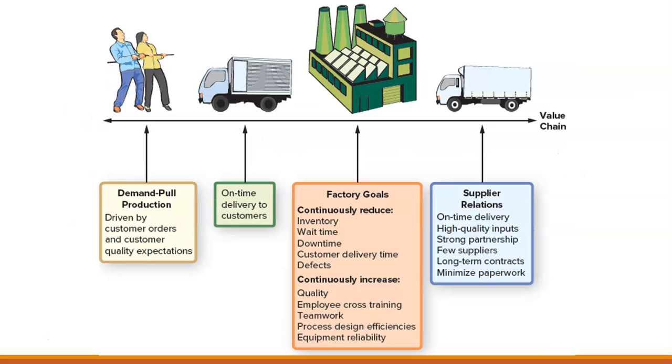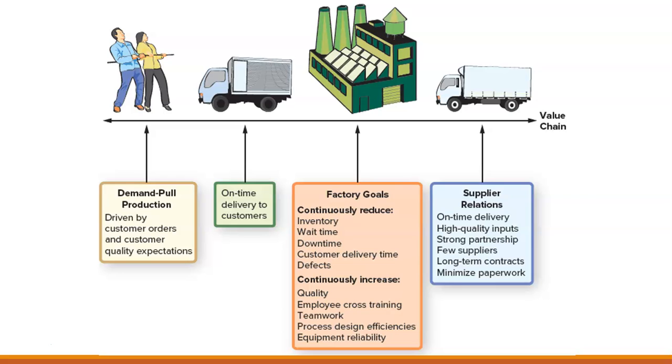So we have this example of the value chain and how we look at it when we're looking at this demand pull. Customers first order inventory. They want on-time delivery. They want it to be quick. They don't want to wait a long time for it. Then we have our factory production. We don't want to have finished goods inventory sitting around.